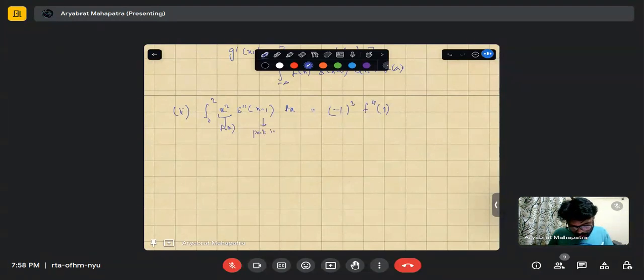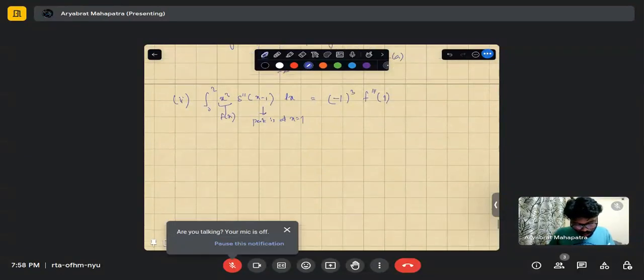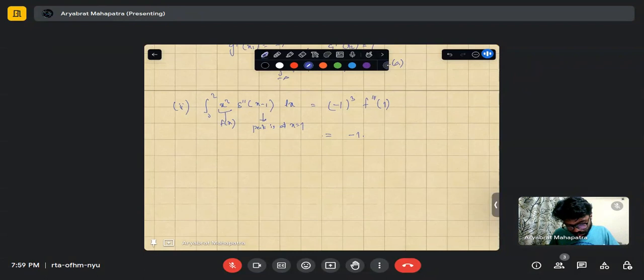So when you take the first derivative, you will get 3x squared, and you take one more derivative, it will be 6x.